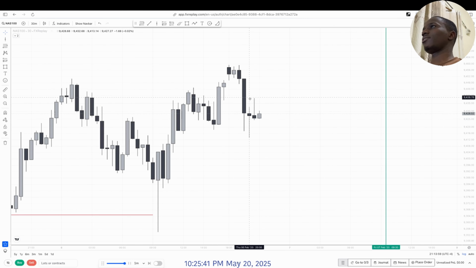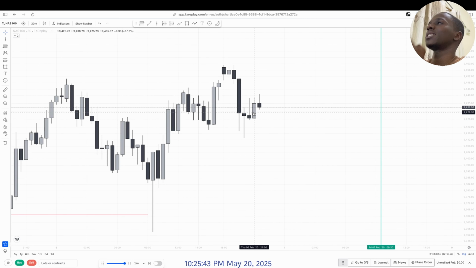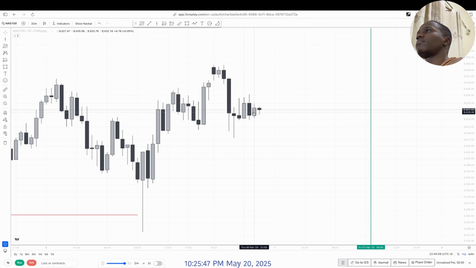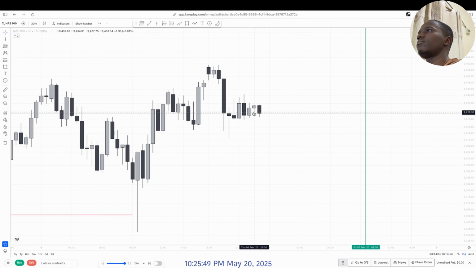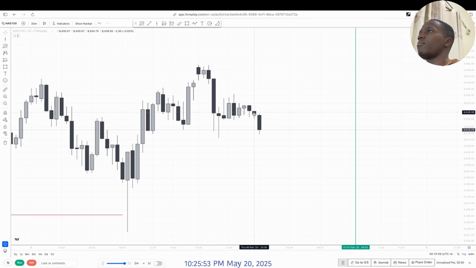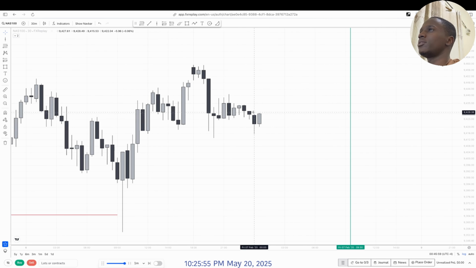So we create a fair value gap. Does it hold? Fair value gap holds.